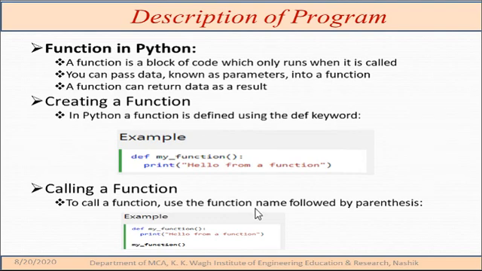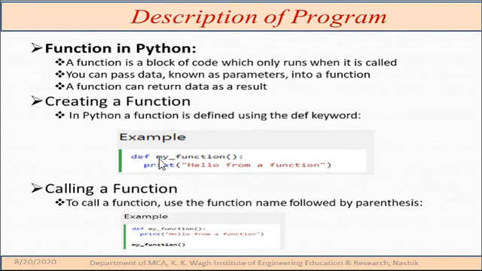How to create a function in Python? For creating a function in Python, we use the def keyword. Similarly, as in CPP, we have to take the function name along with the brackets. Here, in Python, for every statement we have to put a colon. So while defining functions also we have to put a colon at the end of the function definition.